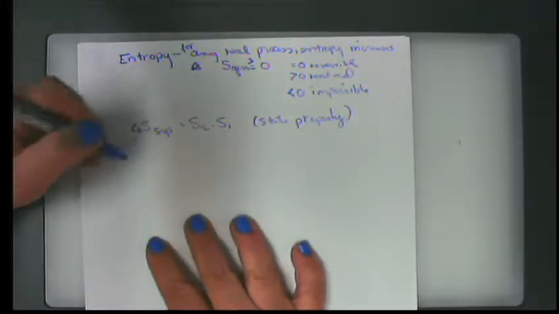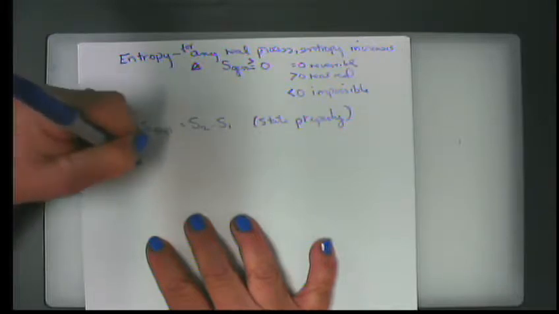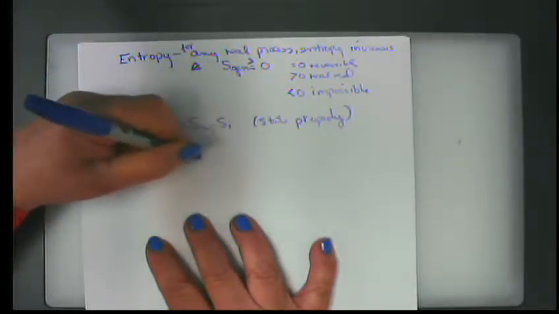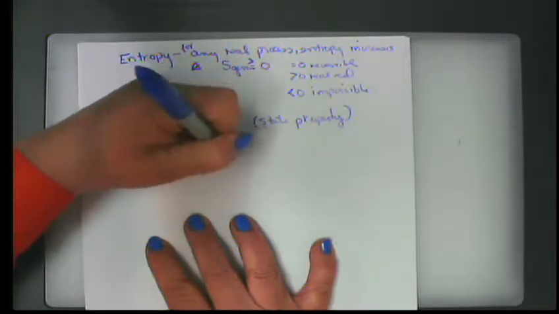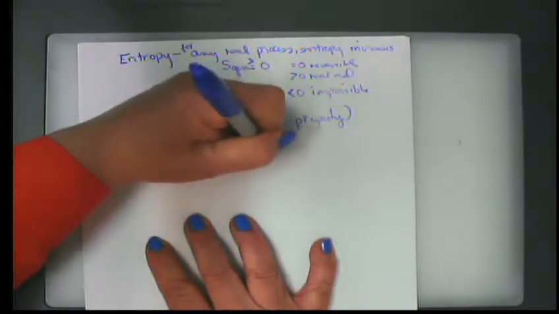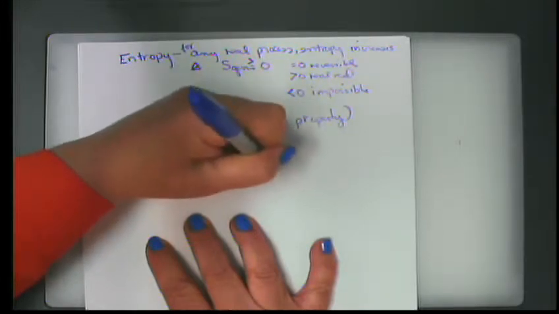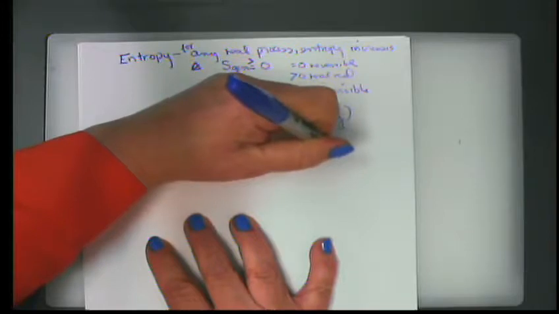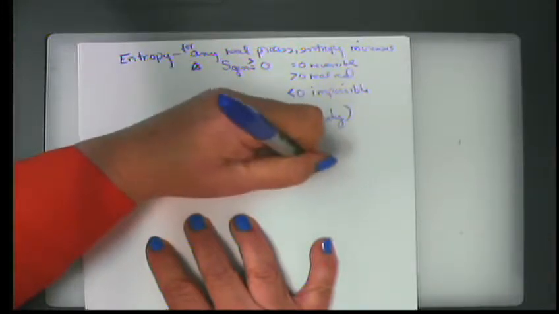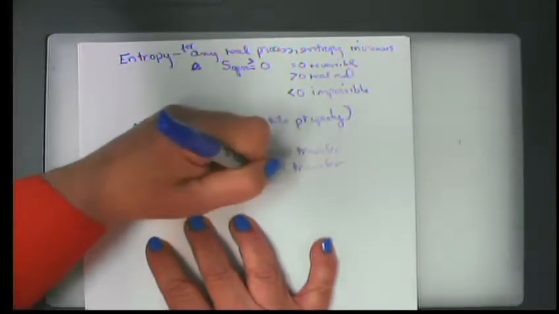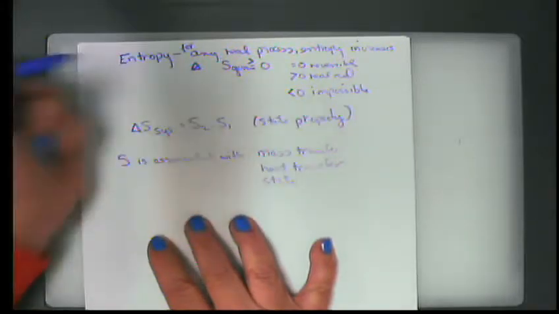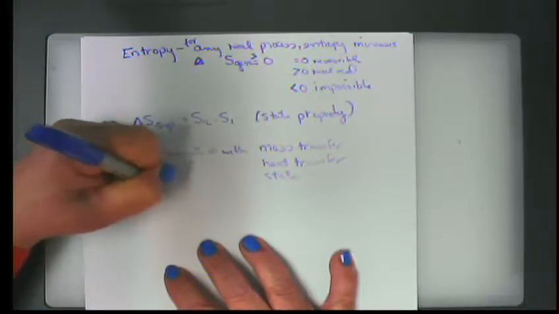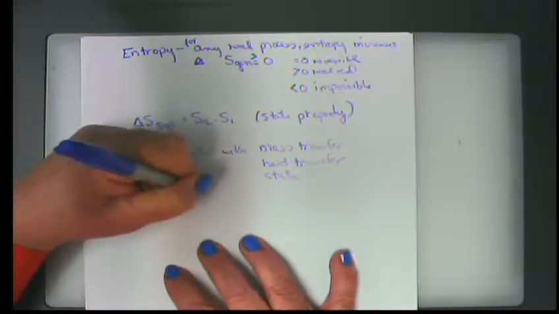So there S is associated with mass transfer, mass in and out of the system, heat transfer, the state within the control volume, but S is equal to 0 for work.